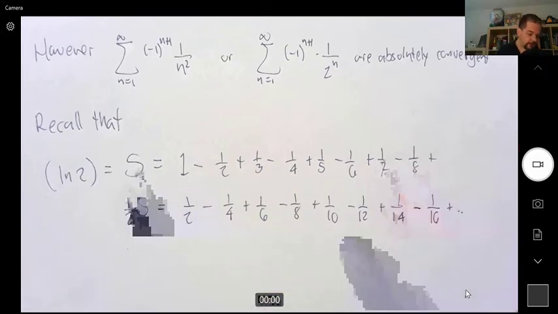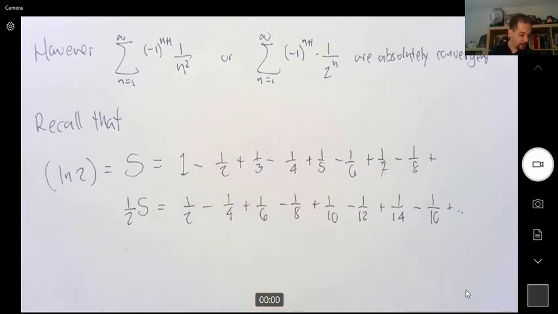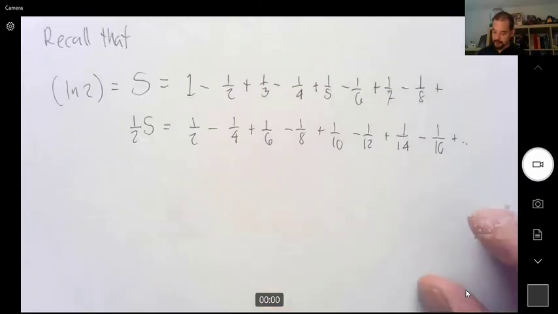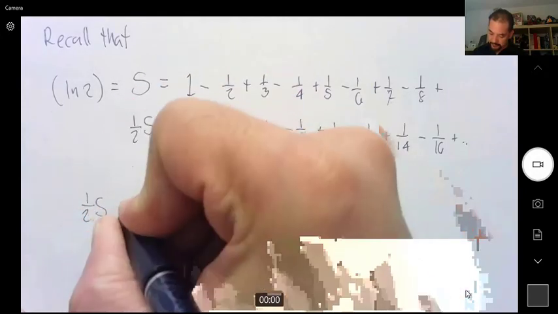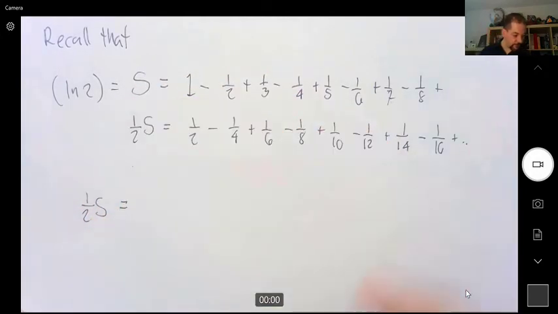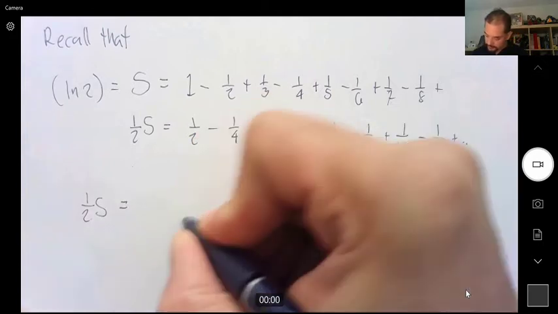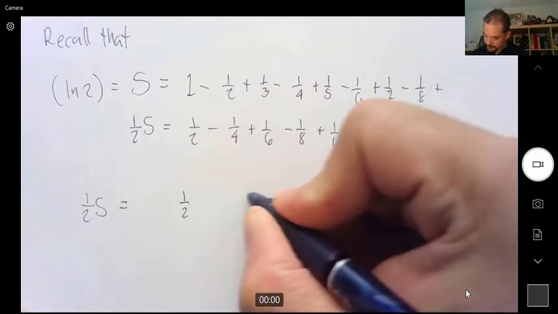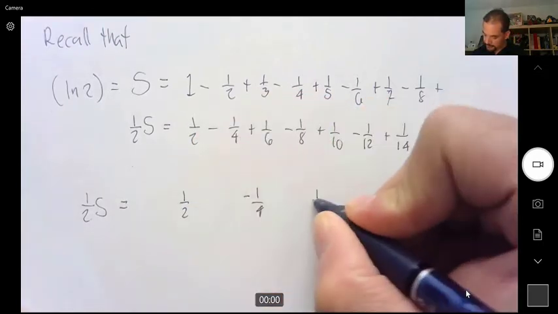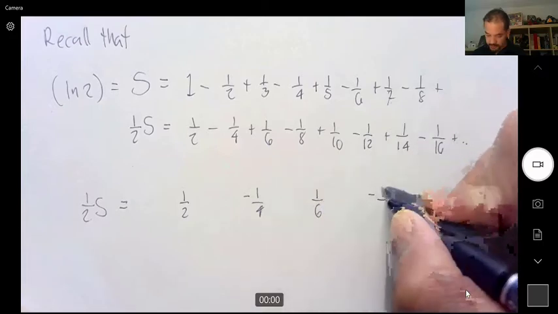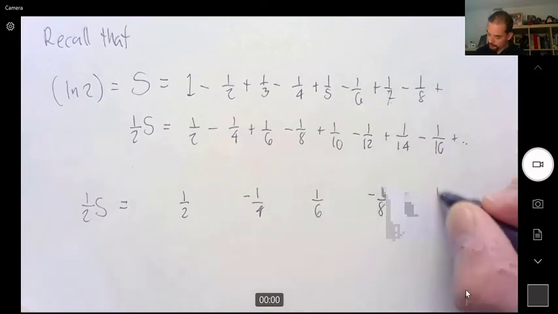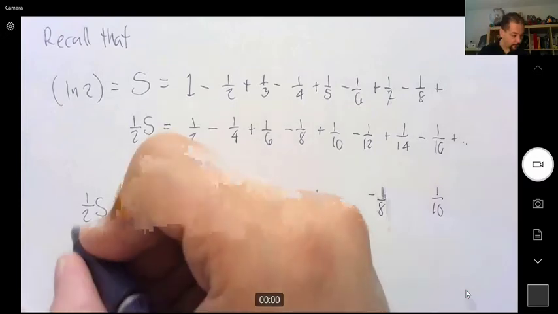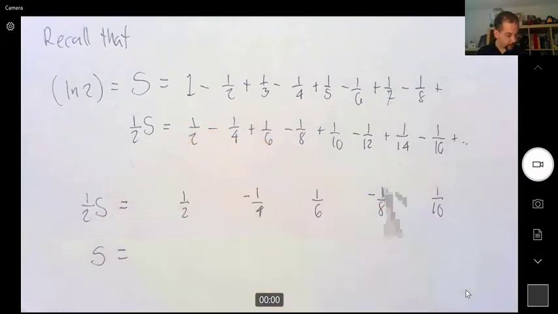The problem is when we now arrange them this way. So I'm going to repeat this. I'm going to put the 1/2 S arranged differently, with spaces. So it's going to be space, then 1/2, space, negative 1/4, space, 1/6, space, negative 1/8, space, positive 1/10. And then on the bottom, I'm going to put S, the original one.